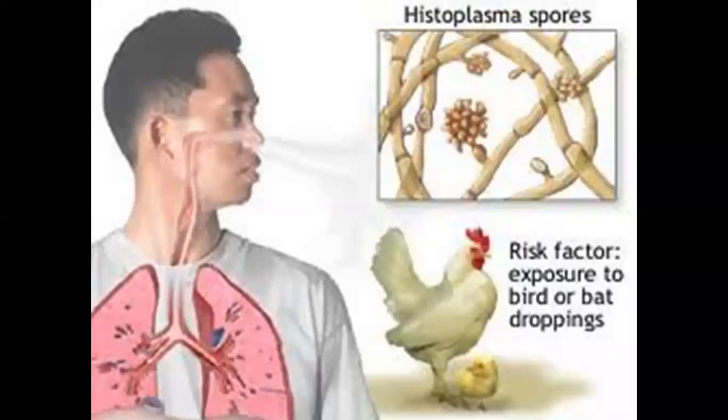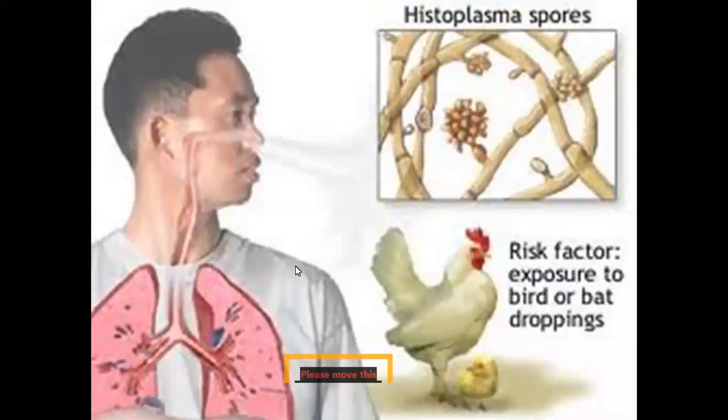So this is where we can fit those. Systemic fungi are going to cause chronic granulomatous inflammation. So you can see granulomas in cases of aspergillus, mucor, blastomyces, and histoplasma.